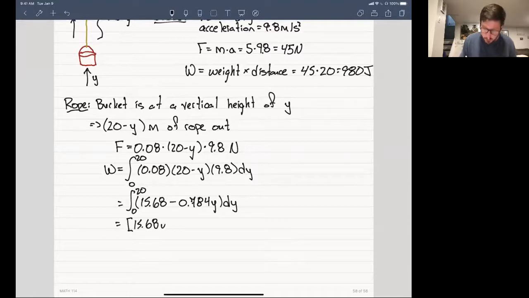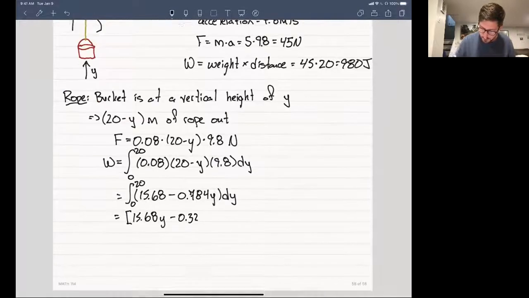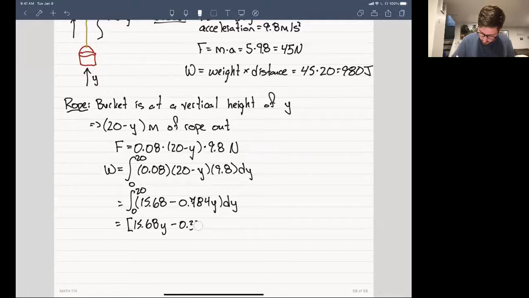So this leaves me with 15.68 y minus now half of 0.784. So this is going to be 0.39, oh, I'm sorry, 0.392 y squared, right? Because that's the y squared over 2 piece that's coming through. And then going from 0 to 20.